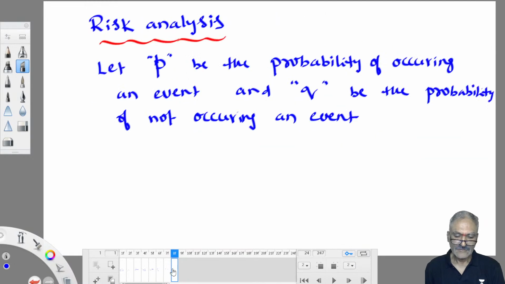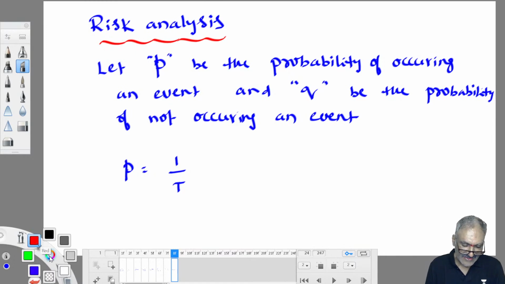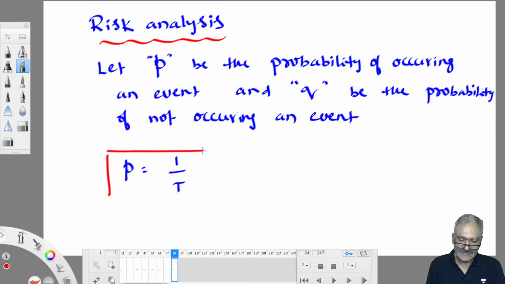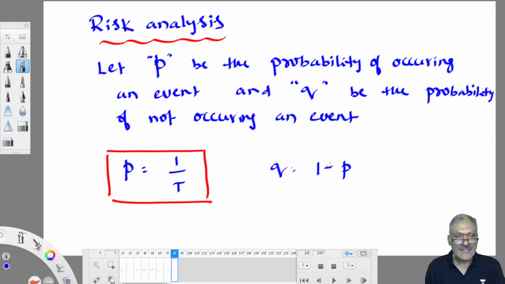Okay. Now let us see. Probability of occurring an event is small p. Probability of not occurring an event is q. So how to find out this probability of occurring? The probability of occurring an event is 1 by T. That's it. So simple and so easy. Probability of not occurring an event is what? 1 minus p.